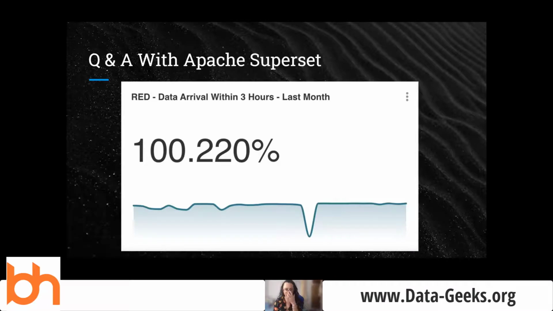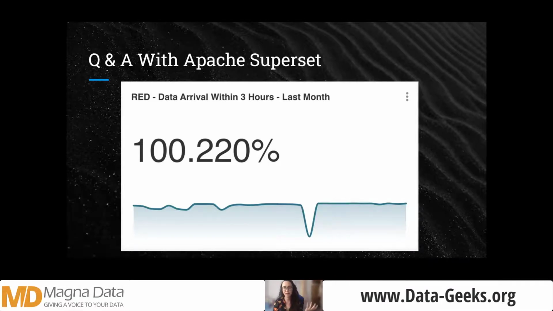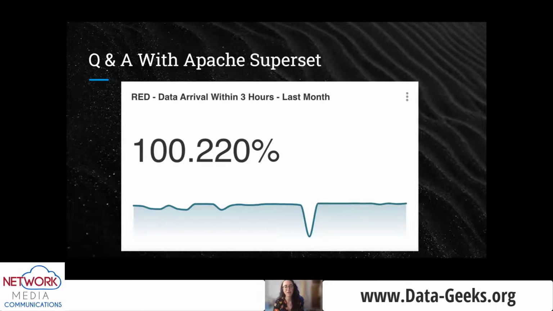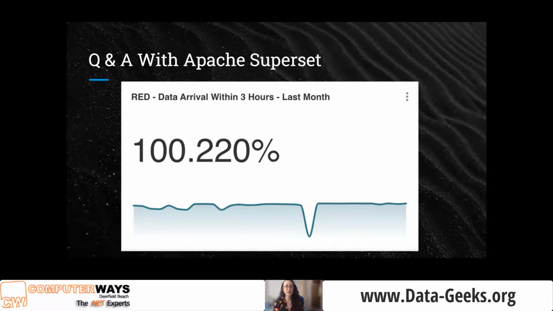The first thing that we'll see is data arrival within 3 hours in the last month. That's really our arrival latency for this topic. And I think you can notice that we have a bit more than 100, right? It's 100.220. And the answer is yes, we had some data duplication.